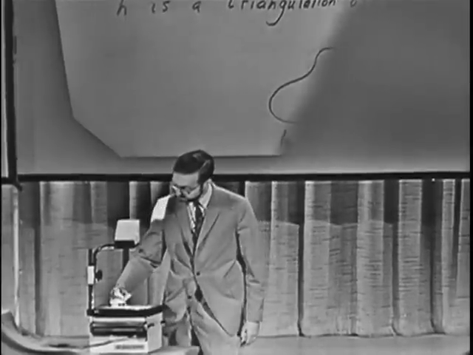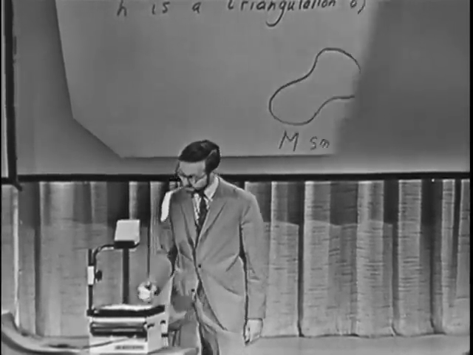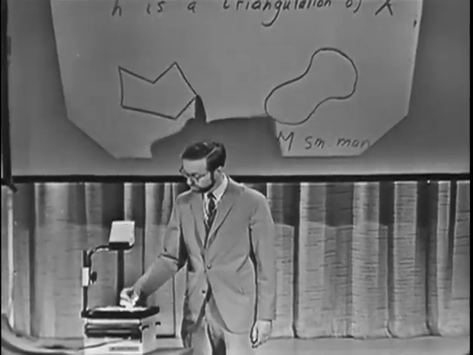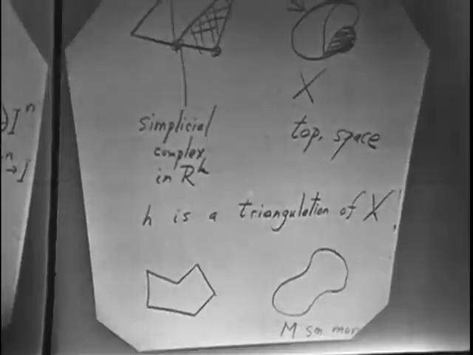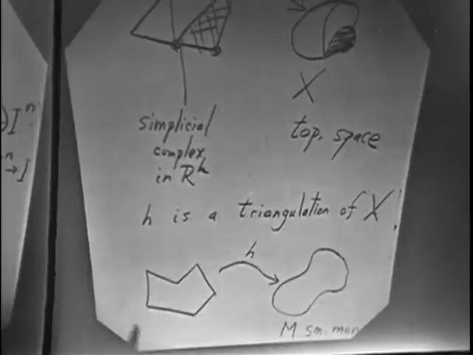So here we have M, which is a smooth manifold. And over here, I want to take some simplicial complex. It's cut up explicitly into simplexes. And suppose we have a triangulation of M, that is a homeomorphism from the simplicial complex to the smooth manifold.